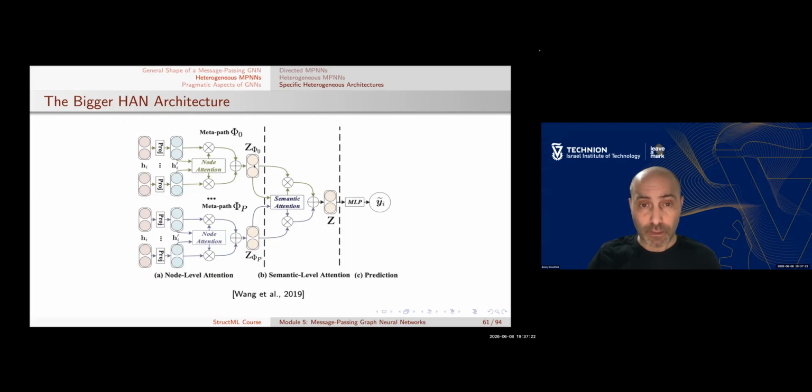We get a value, z phi 0 to z phi p, and then with these we again define queries and keys, and take the values and sum them up in another layer of attention. So first the node level attention, and then what they call the semantic level attention, where we attend to the different metapaths. That gives us a value, and then some decision layer MLP on the final value.